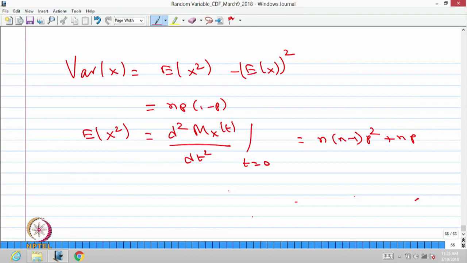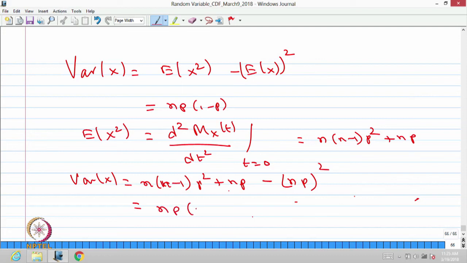So, once you know the expectation of X square, substitute in the variance formula, that is n into n minus 1 p square plus n into p minus n p the whole square. So, you simplify that, you will get the value n into p into 1 minus p. So, this is the way one can get the variance of X for the binomially distributed random variable.